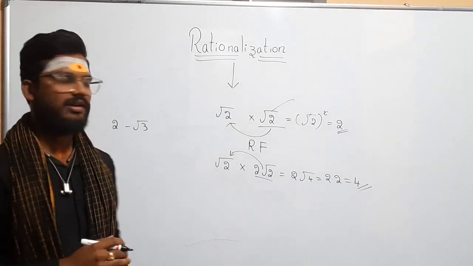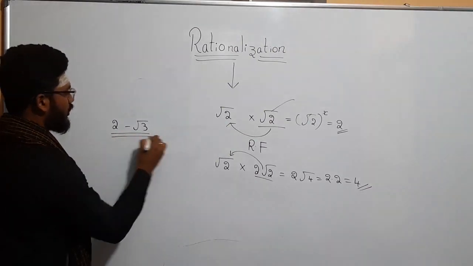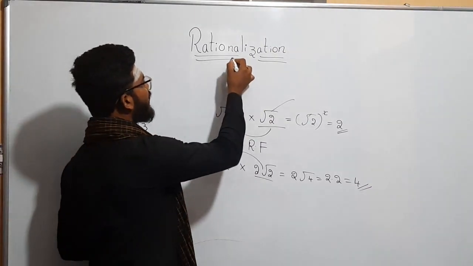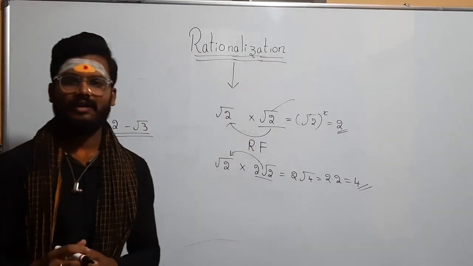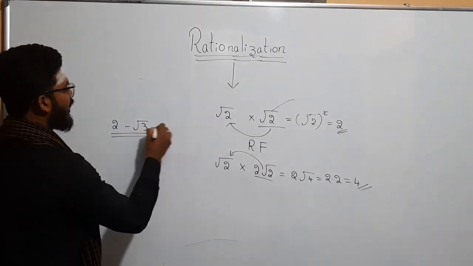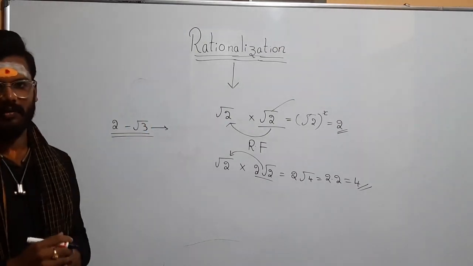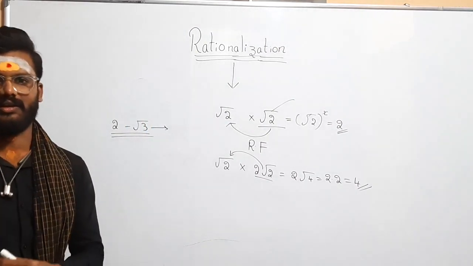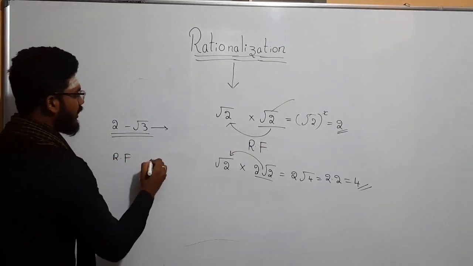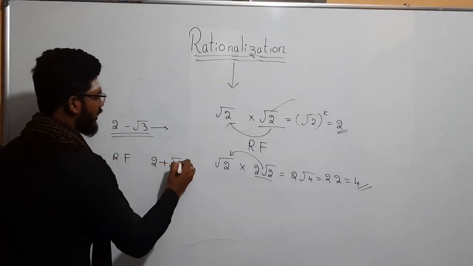What is the rationalizing factor for 2 minus root 3? Here, what I have to do? Rationalization means what I told, we have to make it into a rational number, right? So, if we have any number of this type, how can we do rationalization? For this, the rationalizing factor will be 2 plus root 3.